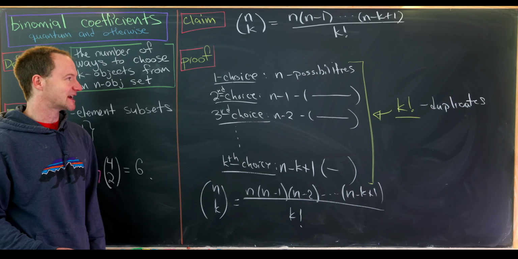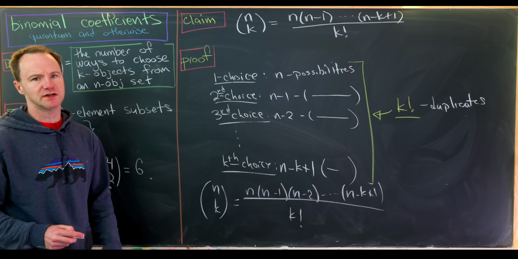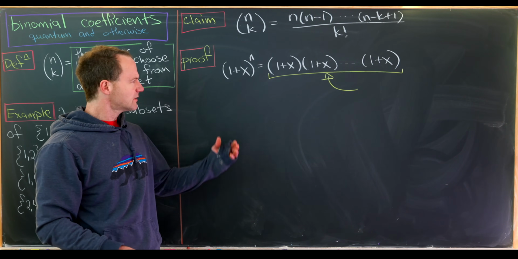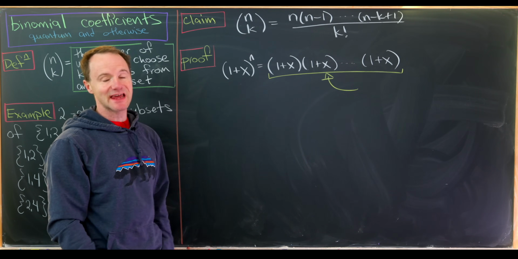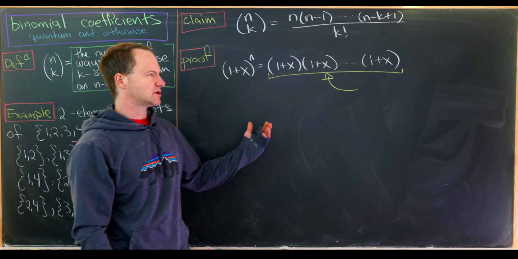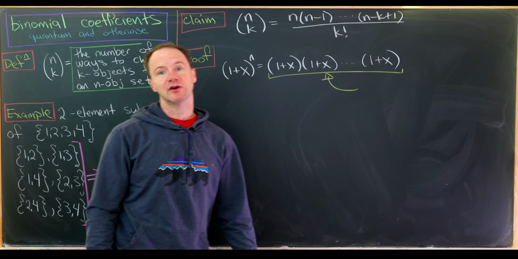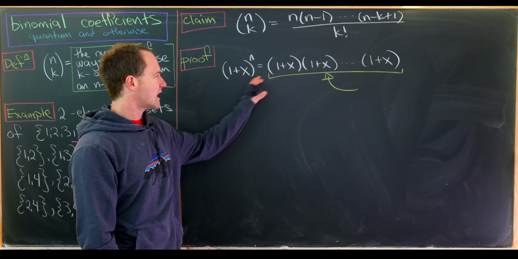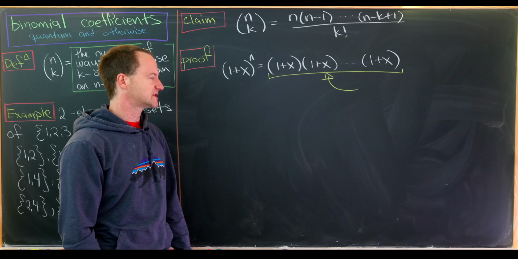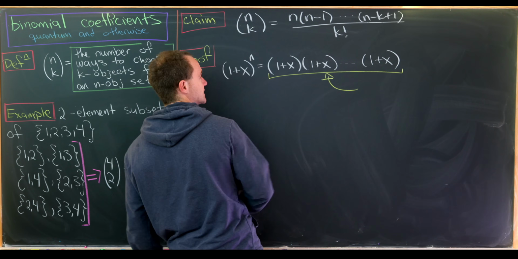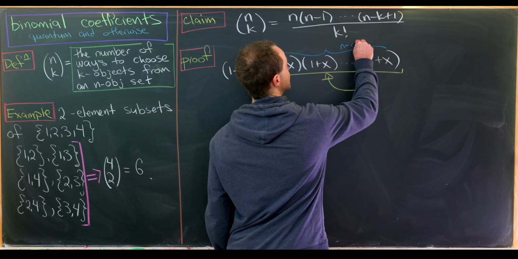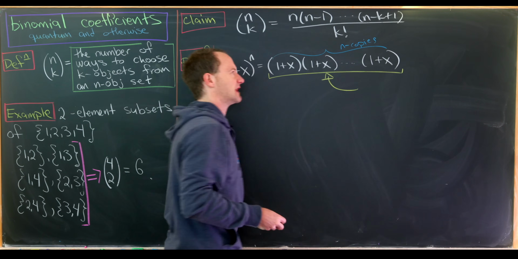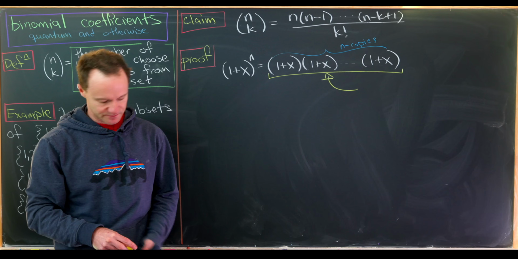Now let's quickly sketch another proof before we move on to an application. So our second proof considers the binomial 1 plus x to the n power. And so this is why this is called a binomial coefficient. So we can write this as 1 plus x times 1 plus x times 1 plus x, so on and so forth, where we have exactly n copies here. So we're multiplying that to itself n times.